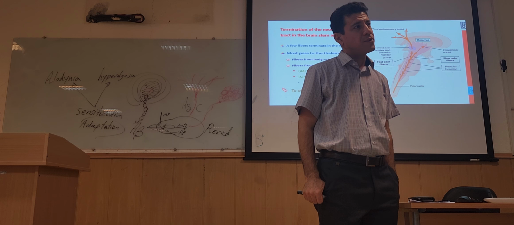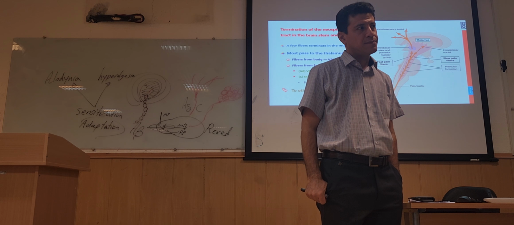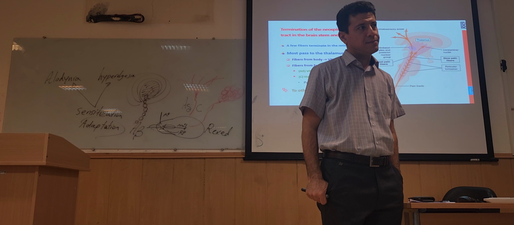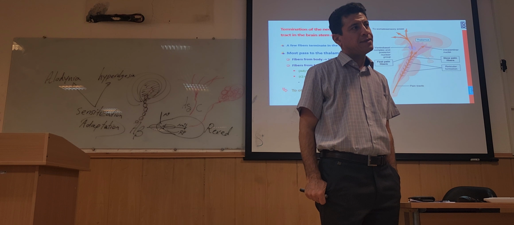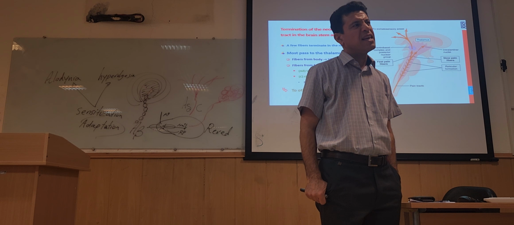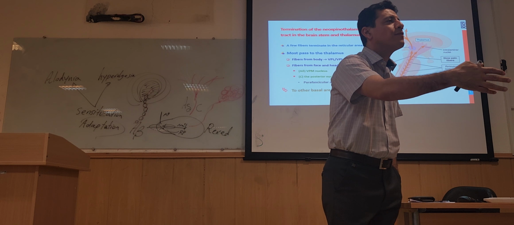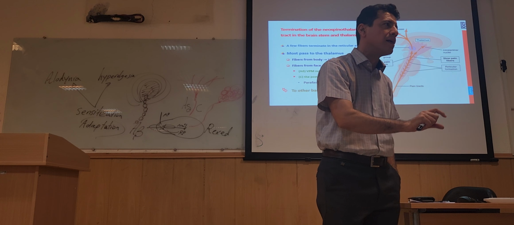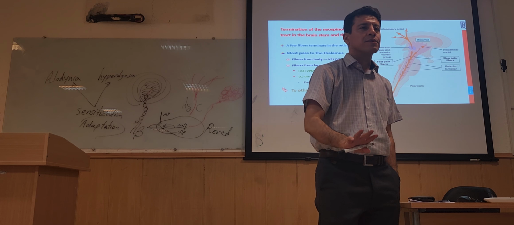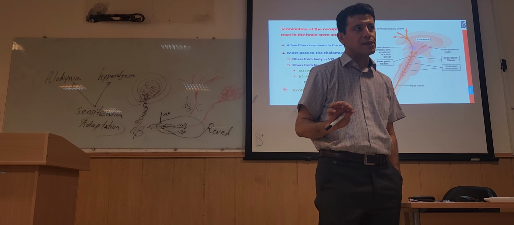It's called the archispinothalamic tract, from laminae 2, 5, and 7. It was not the focus of this session. I put it in the slide and in the notes, only so you know about it. So it's not included in your exam.